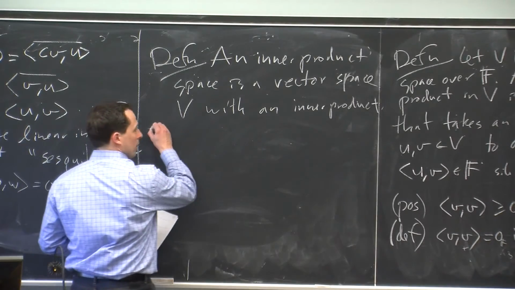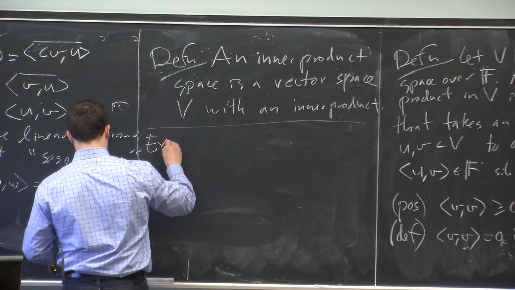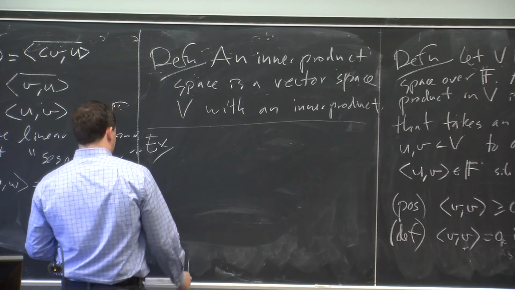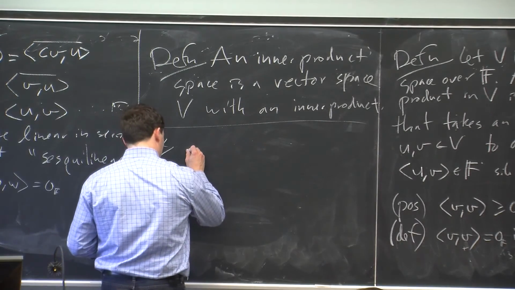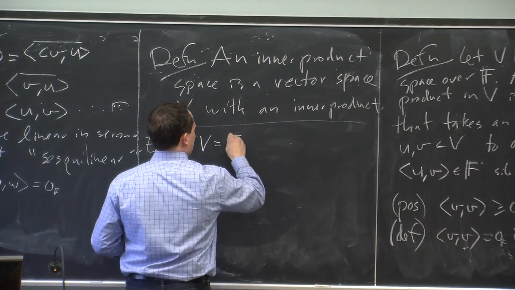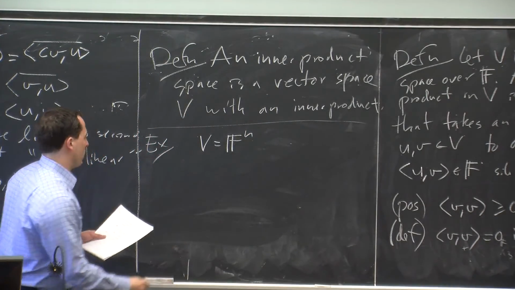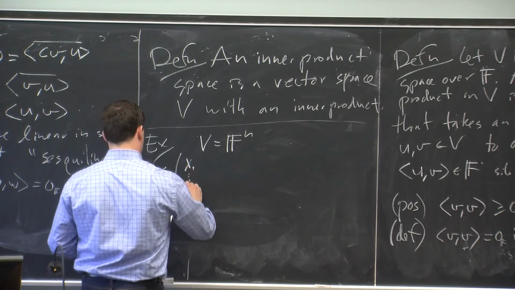Okay, so let's look at a couple of examples. First example is the one we've already been talking about. That is a dot product. So let's say our vector space is Rn or Cn. And we want to take the inner product of two vectors.